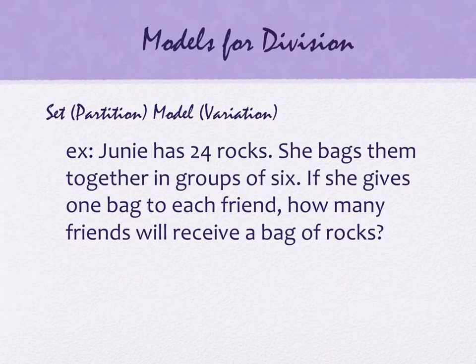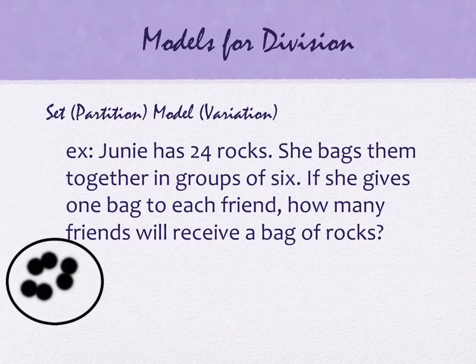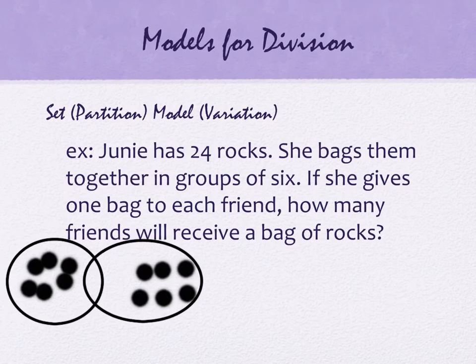Junie has 24 rocks, and she bags them together in groups of 6. So this time, I'm going to have 6 rocks in a bag. So if you can imagine taking my bag and making 1, 2, 3, 4, 5, 6, and then there's 1 bag of rocks. Right? And then I have 1, 2, 3, 4, 5, 6, and here's another bag of rocks.